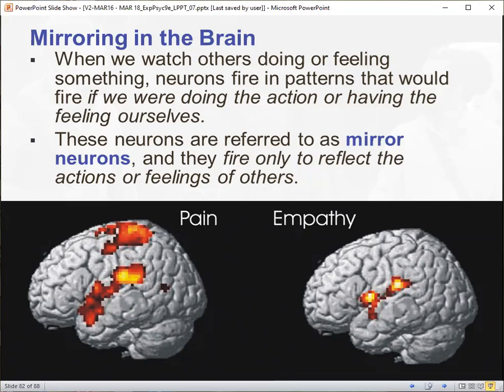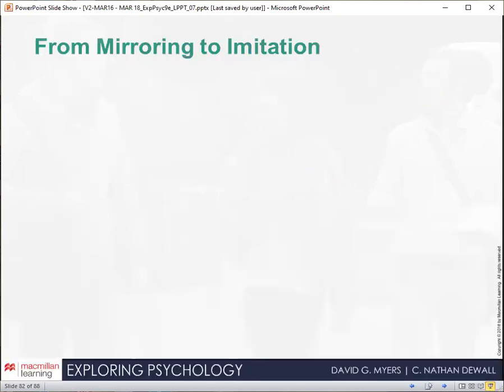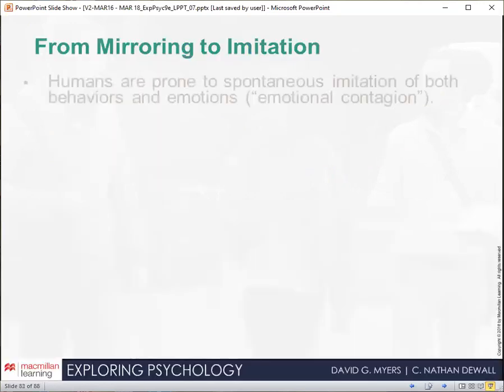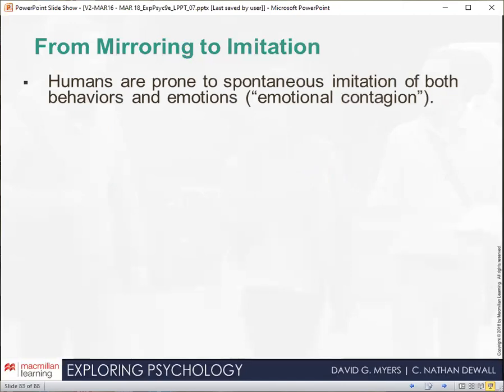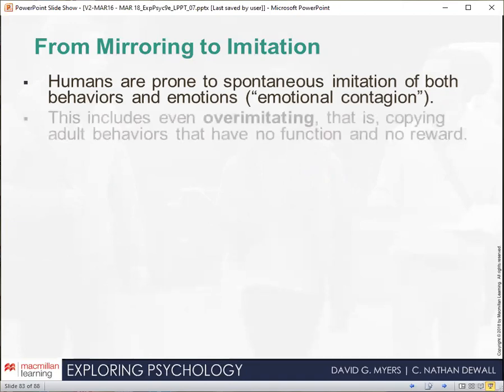Okay, but the idea is that this mirroring in the brain may help to explain why, especially when we're young, we have this need to mimic and imitate other people. So from mirroring to imitation, humans are prone to spontaneous imitation of both behaviors and emotion, and we refer to this as emotional contagion.